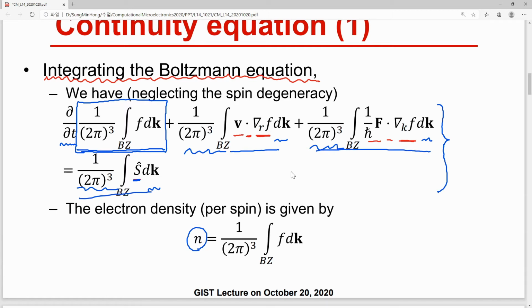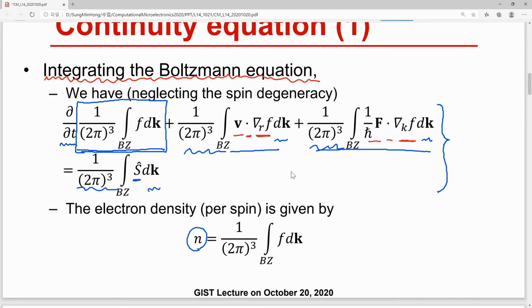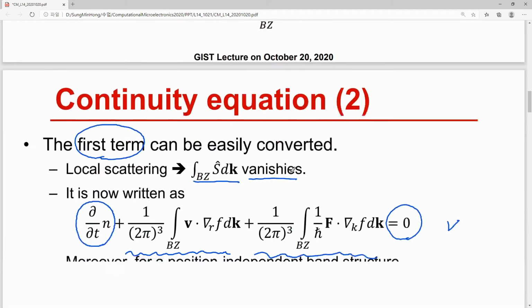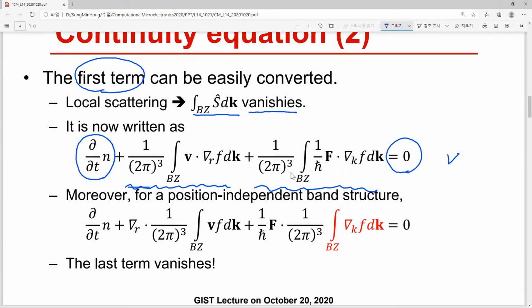So there are four different mechanisms. However, by integrating the Boltzmann equation over momentum space, the first term and the final term can be easily expressed. Now we have the second and third terms to be further simplified.